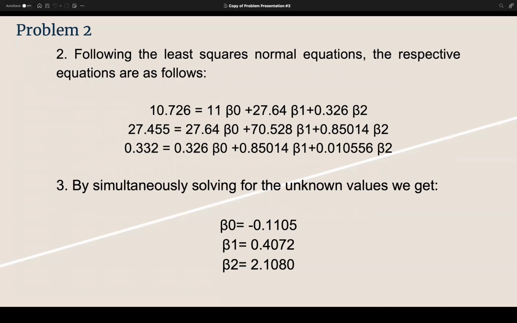Now, using a calculator or Microsoft Excel, you would get the values of beta 0, beta 1, and beta 2 using the simultaneous equation solver. Using that, we would get beta 0 as negative 0.1105, beta 1 as 0.4072, and beta 2 as 2.1080.